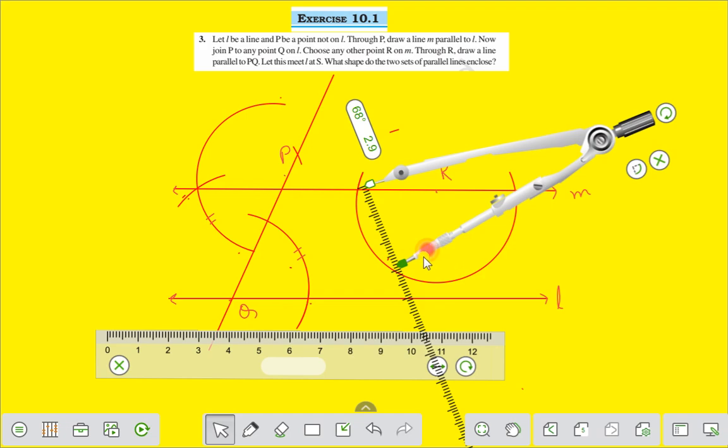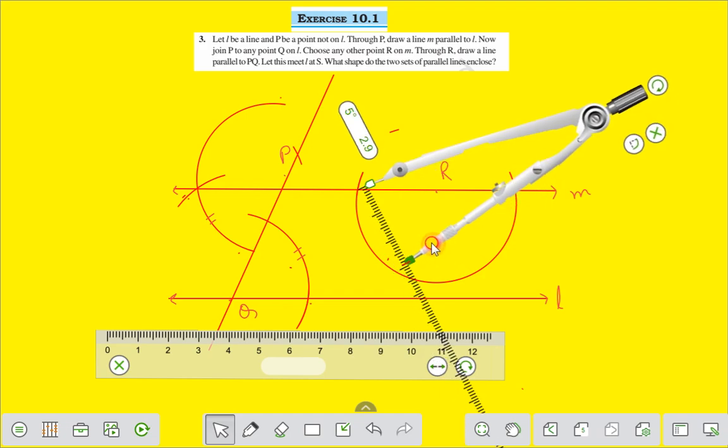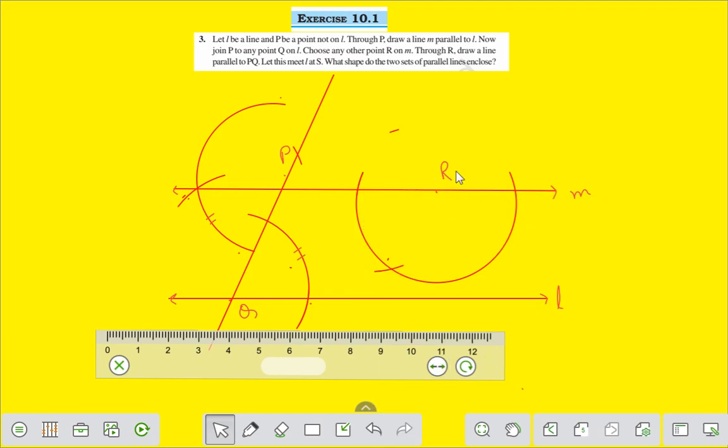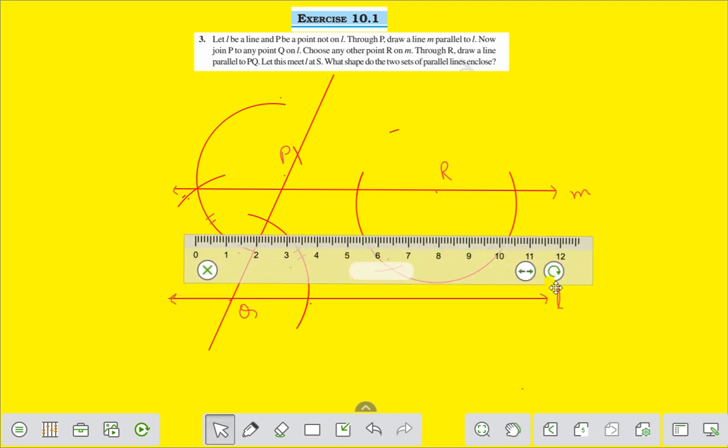We'll take another arc here, right. Now draw this line with this, to make it parallel, because this angle and this angle will be same, right. With this scale, let us draw this line.